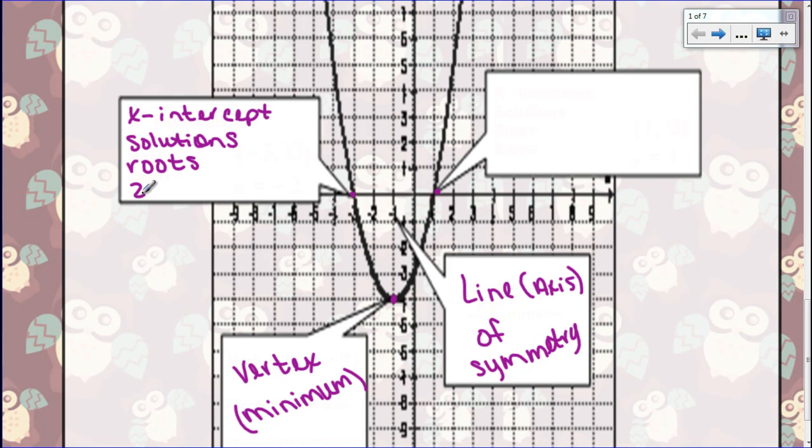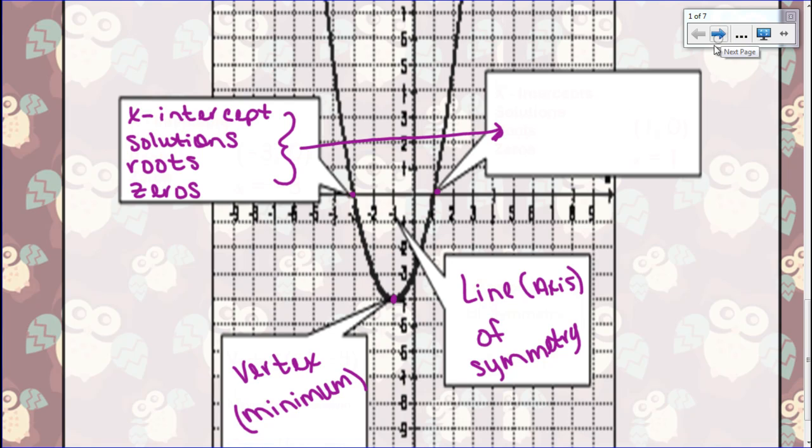And sometimes they're called zeros, because this is the point where y equals 0. And so all of these names can also go in this box because they're the same thing. Most quadratics have 2 of these. They'll have 2 solutions or 2 roots or 2 zeros or 2 x-intercepts. Sometimes they only have 1 and sometimes they don't have any, but we'll talk about that as we go through this. But all 4 of those names mean exactly the same thing.